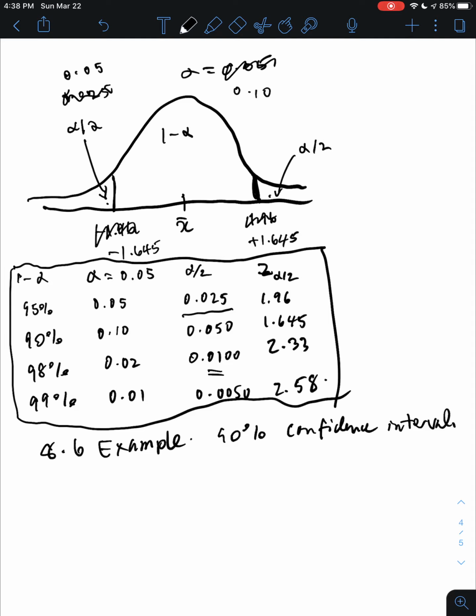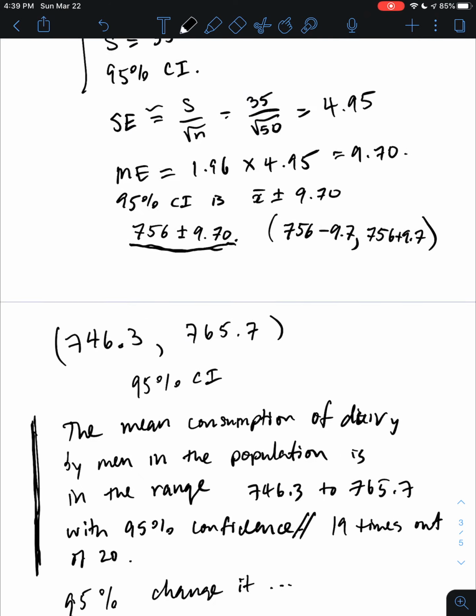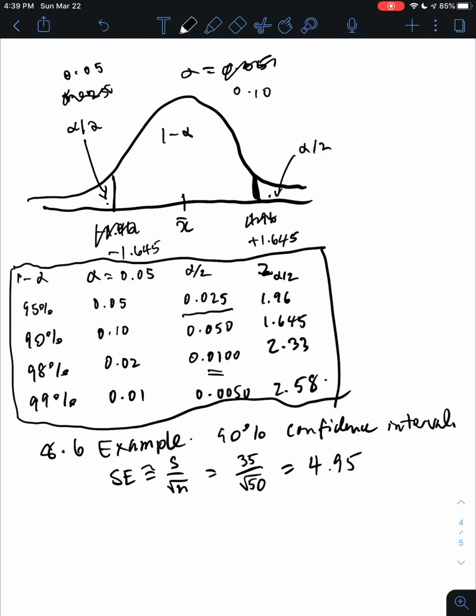So most of the calculation is still exactly the same. The SE is always the same. It is approximately S over the square root of n, and that was 35 over the square root of 50, and that was 4.95, if I recall. Let me just jump back and make sure. Yes, it was. But now the margin of error is different.